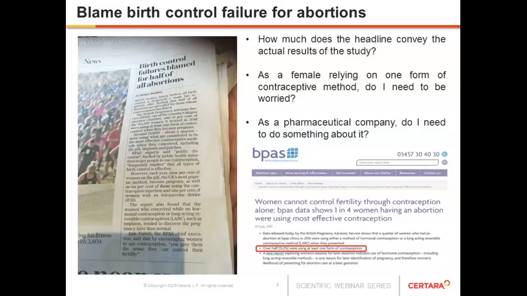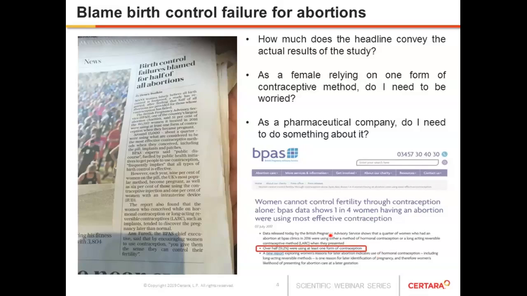So what we did was to go into the original paper in which this study was carried out. This article is actually the original article that was published by the British Pregnancy Advisory Service. And the details of the study are summarized like this.